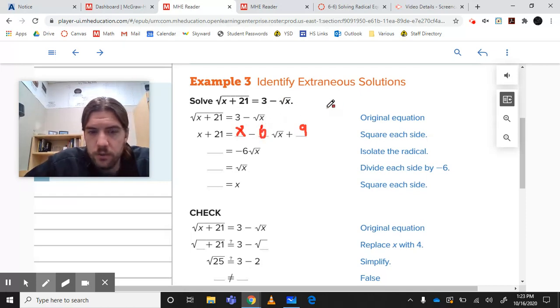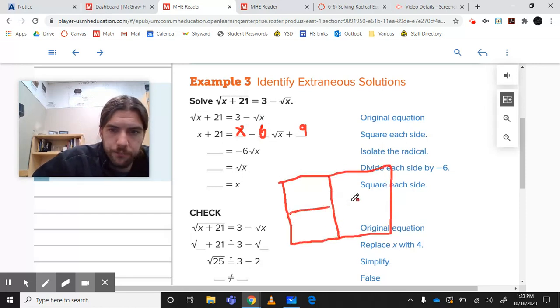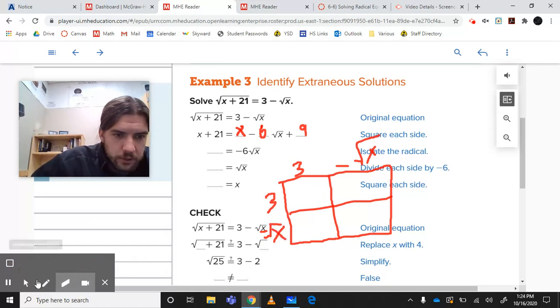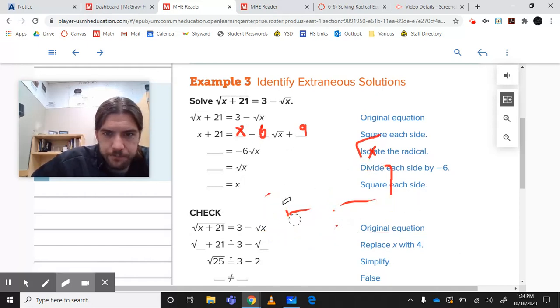If you want to see that a little more carefully, you can always create an area model where you do 3 minus root x on both sides, and look at what those 4 areas simplify to. They simplify to x minus 6 root x plus 9.